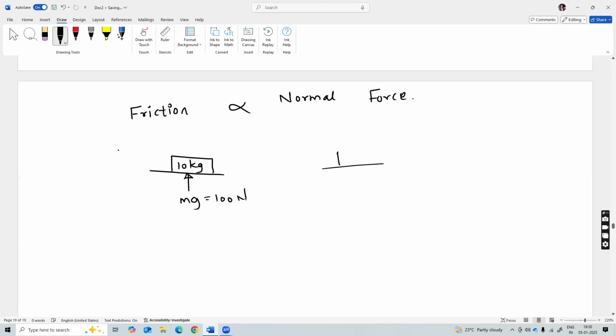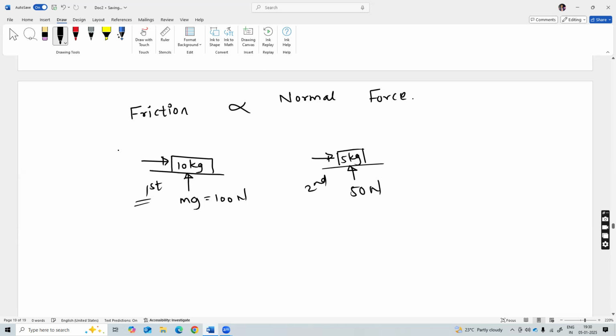Whereas on the same surface, if there is an object of 5 kg, then the normal reaction will be 50 newton. So if you start pushing both objects, you will face friction. Let's say this is the first case, this is the second case.